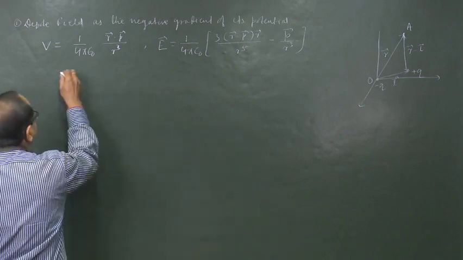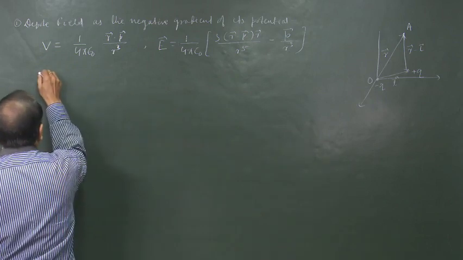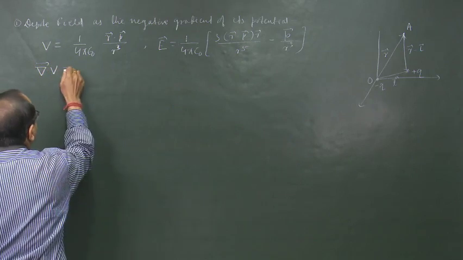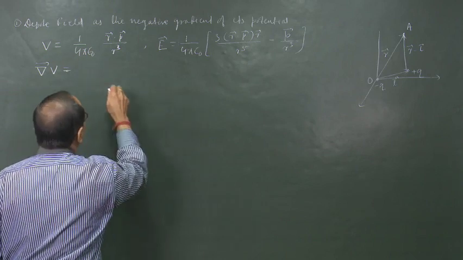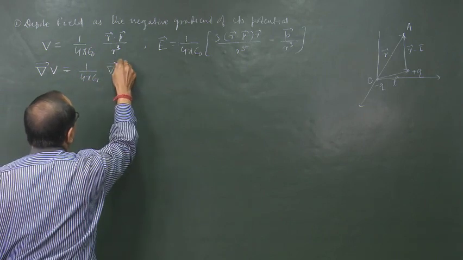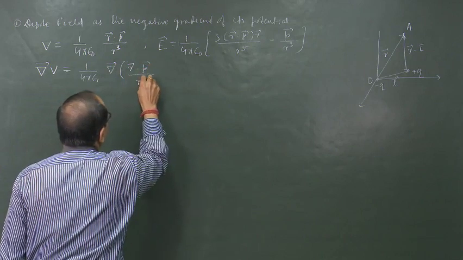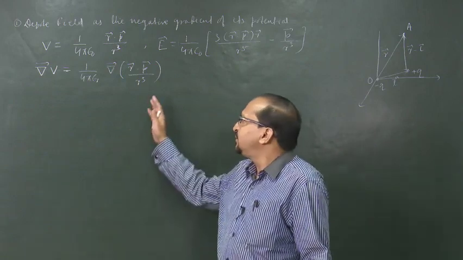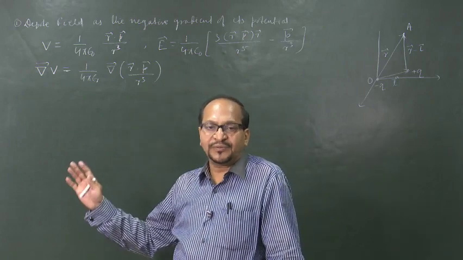Now, let us take the gradient of V. The gradient of V is equal to 1 by 4 pi epsilon naught, which is a constant, times the gradient of r dot p by r cube. Here, the term in the bracket is a product of two scalar quantities.